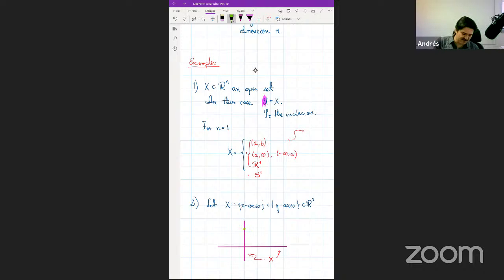You take a point here, and yes, that looks like an open set in R1. What about here? A neighborhood of that point is something like this, right? X has the induced topology of R2.